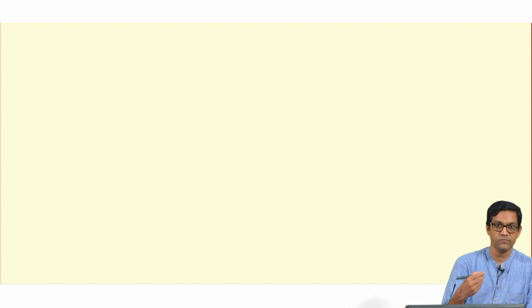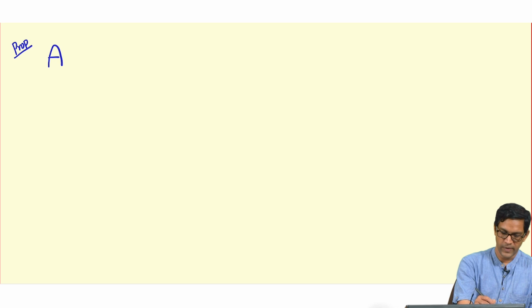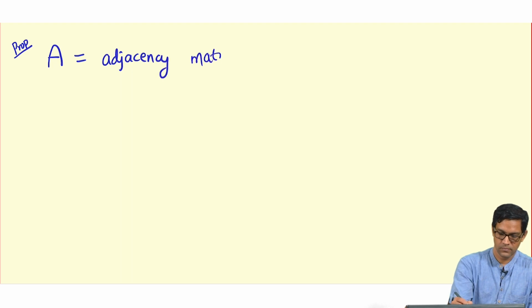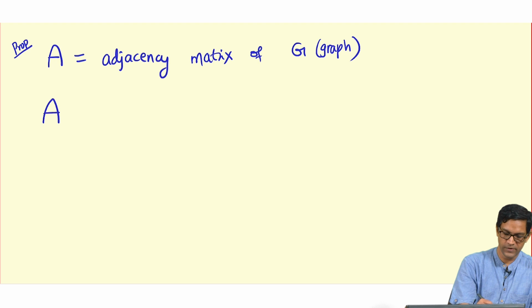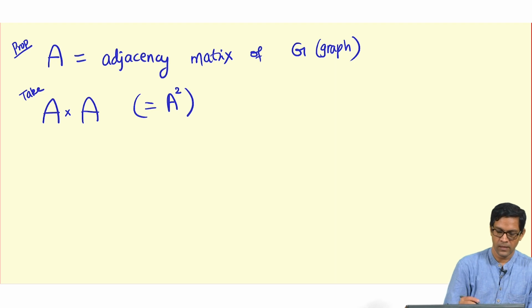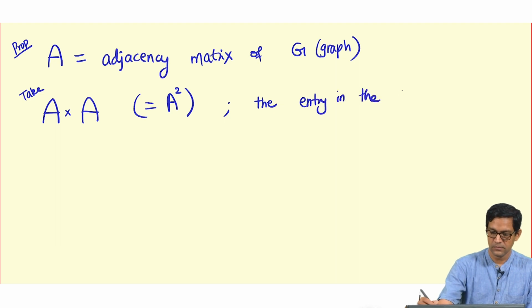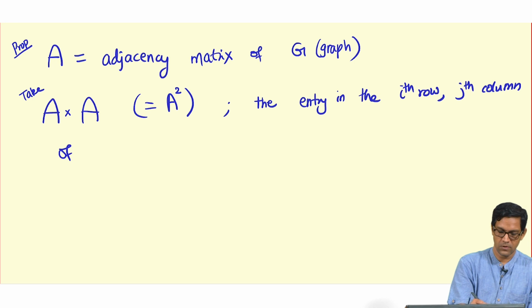Okay. So, let us write this down as a formal statement. The same sort of argument works in general. So, here is maybe the proposition or theorem: you take the adjacency matrix of the graph, and you think of it as a matrix and you multiply it with itself, okay, A multiplied by A. This is usually denoted as A squared, matrix notation, and you take A square and you look at its ijth entry, the entry in the ith row, jth column, of this matrix A square.